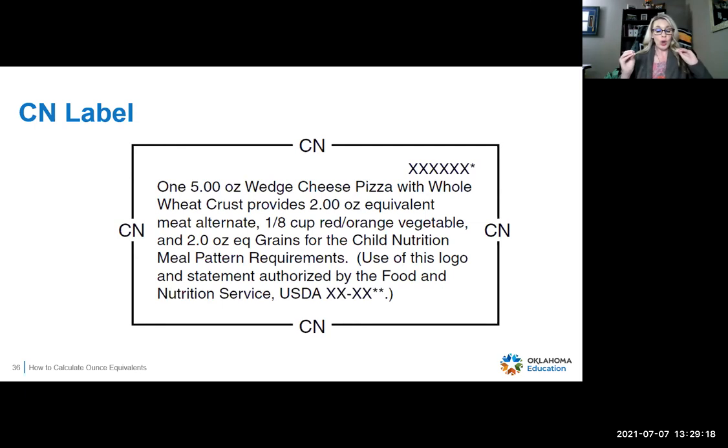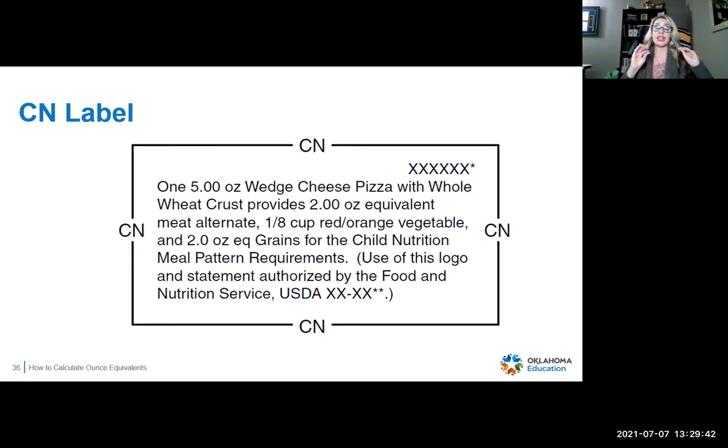The new 1 ounce equivalent in the same group B equals 28 grams or 1 ounce. So we're literally talking in group B, it's going up 3 grams and 0.1 ounce. The serving size is going up very little, but it is going up just a smidge.